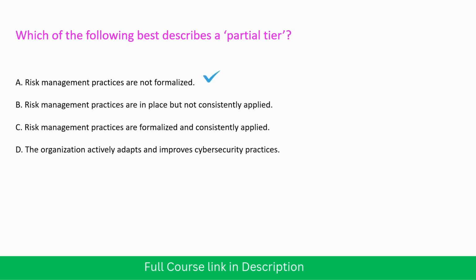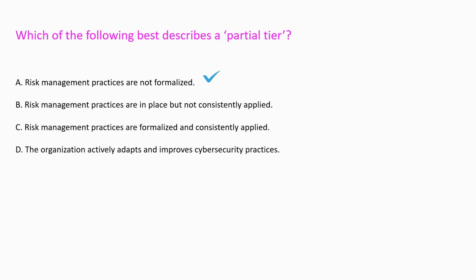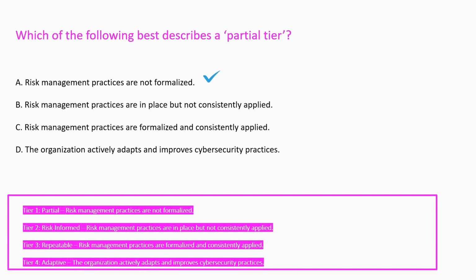Correct answer is option A, wherein risk management practices are not yet formalized, not yet documented, not yet consistently applied. So first one is partial, second one is risk informed, wherein practices are there but not consistently applied. Third one is repeatable, where practices are formalized and consistently applied. And fourth one is when organizations actively adapt and improve their cybersecurity practice.